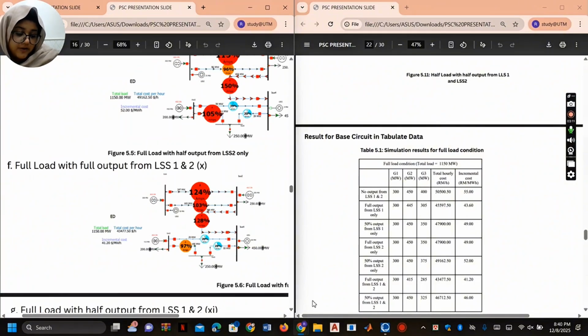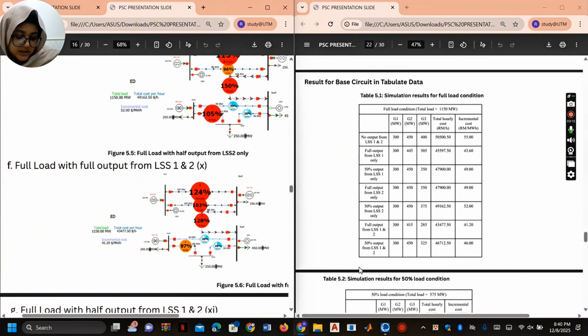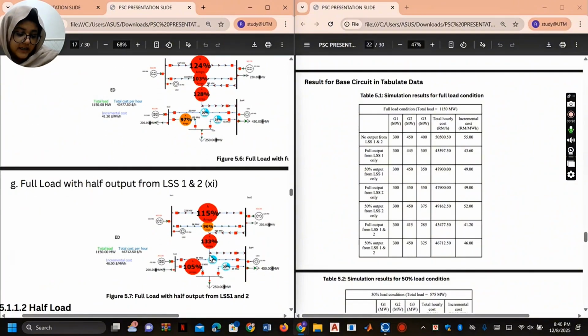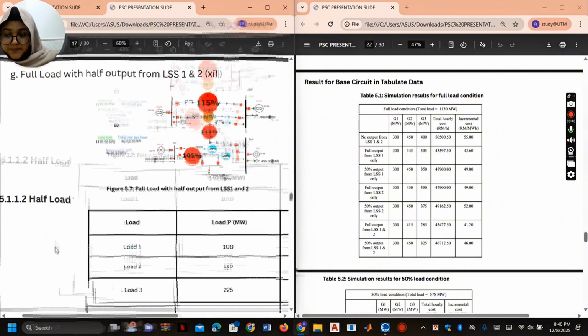For F, here we can see the maximum penetration, G2 reduces, G3 reduces, lower cost, which means this is the best full load case, maximum renewable and minimum cost. For G, we can say it's a moderate solar contribution, and we have shown this in the simulations before. The cost lies between the non-solar and full solar cases, showing smooth economic dispatch response.